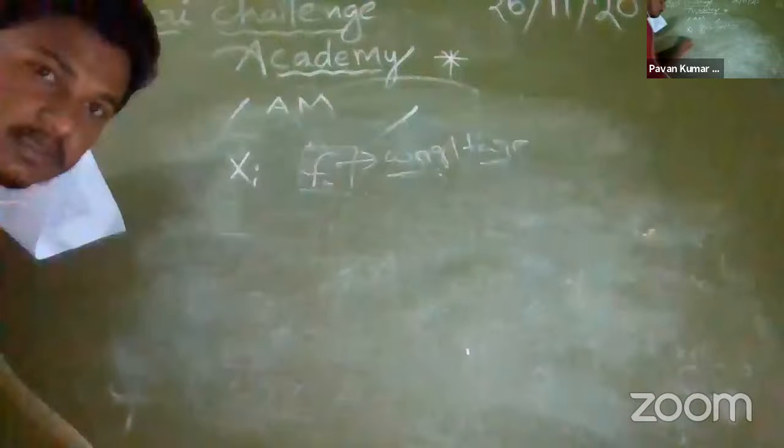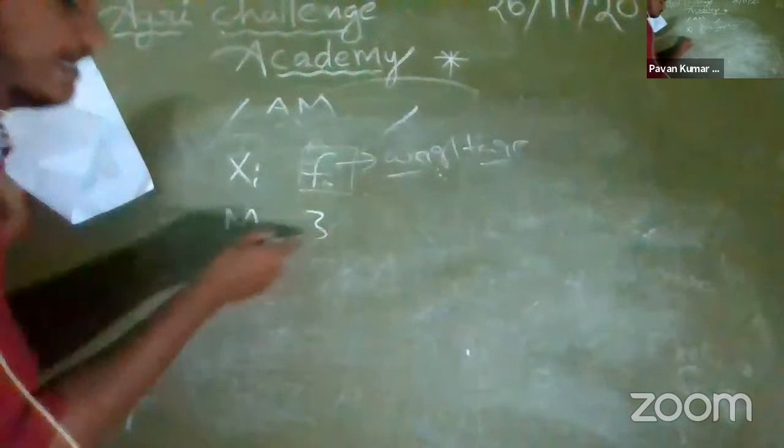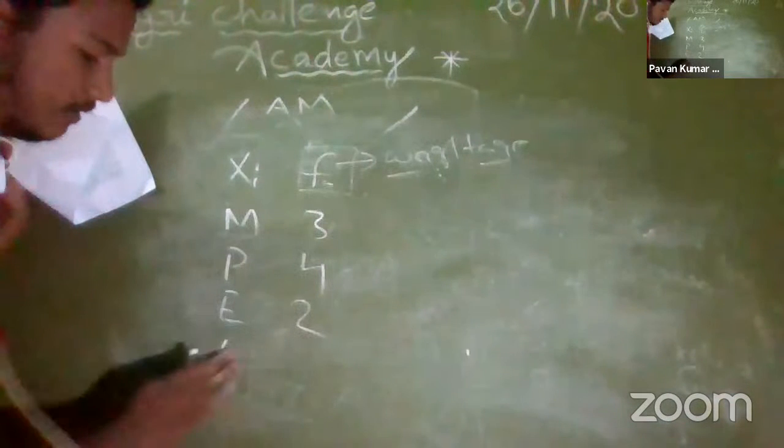Instead of frequency, the weightage for that subject is 3 credits. Mathematics 3, physics 4, English 2. These are not frequencies, these are weights. Science 5, like this. Sometimes we can interchange these things.